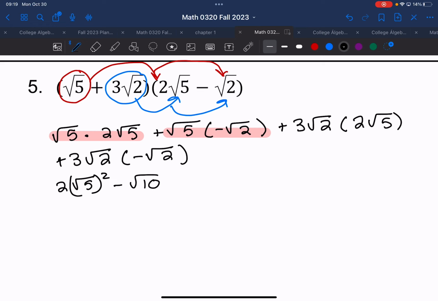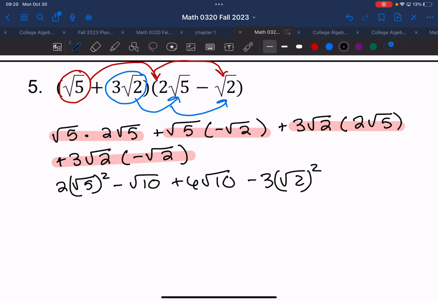So we're thinking back to our properties of radicals. Third part, what is 3 square roots of 2 times 2 square roots of 5? 6 square roots of 10. Good, 6 square roots of 10. And then last part here, we have 3 square roots of 2 times negative square root of 2. Correct. Negative 3 square roots of 2 squared.